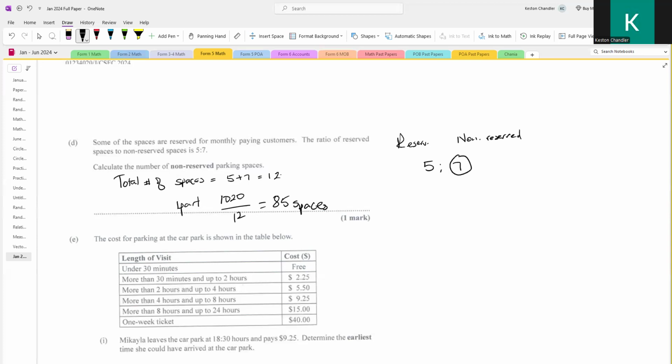We are interested in the non-reserved spaces. So 7 multiplied by 85 gives me 595 non-reserved spaces.